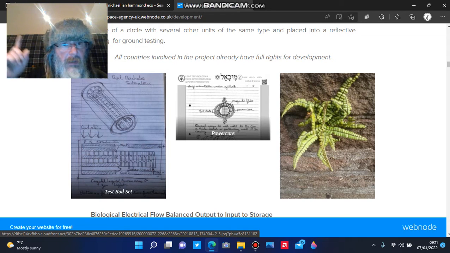So all of this light will be utilised and used through the structure of the device, and the more you pressurise the liquid and the more you increase the density of the liquid and the electricity, it will start to basically glow like this thing.